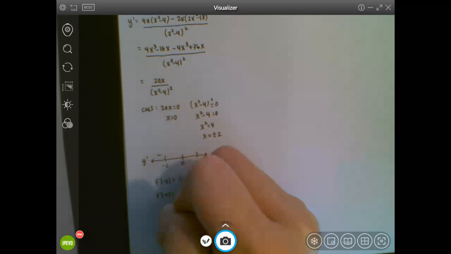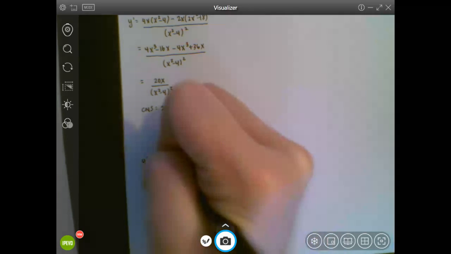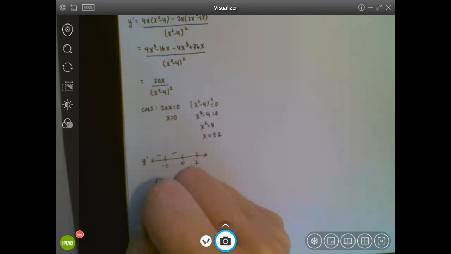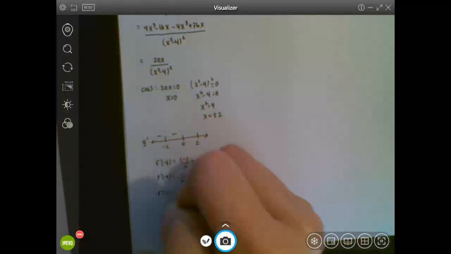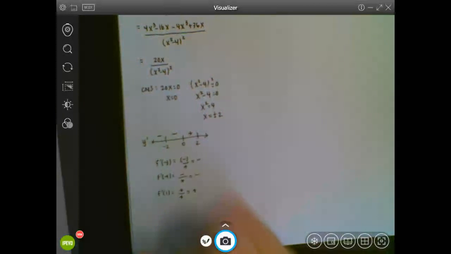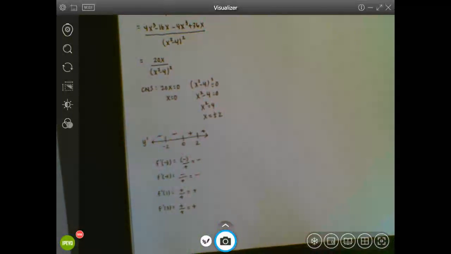Numerator will be a minus, denominator will be a plus, so it'll give me a minus. I'll test 1. Numerator will be a plus. Looks like denominator will also be a plus. And then 3, looks like my numerator will be a plus, denominator will be a plus. So that should give me a plus.